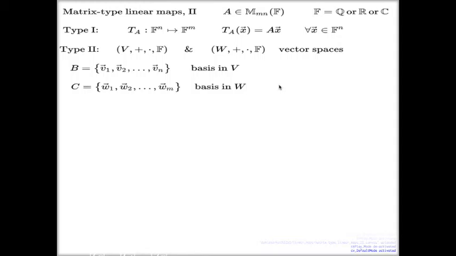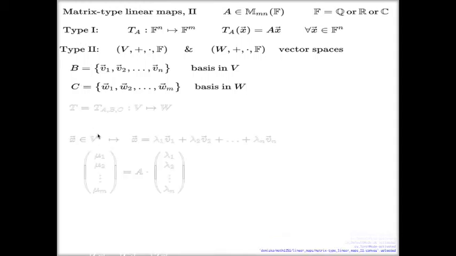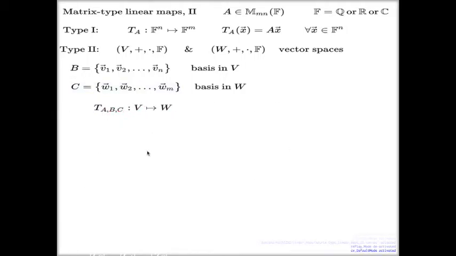So I think that's all I need to do to introduce my map: two vector spaces and two sets of bases in each of these vector spaces. One of them will be B, the other one is C. So my map will act between V and W. Domain is V, codomain is W. It will depend on each of the elements I introduce.